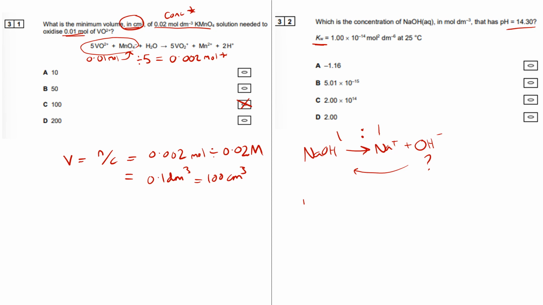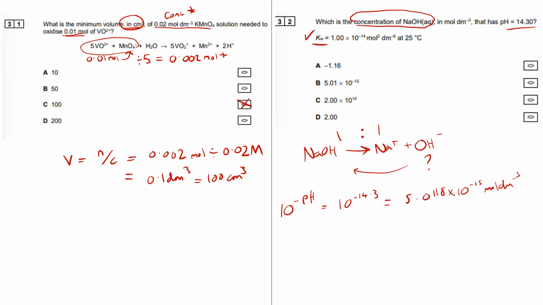So firstly, if you're given the pH, you can find the hydrogen ion concentration by doing 10 to the minus pH. So 10 to the minus 14.3 is going to give us the H+ concentration of 5.0118 times 10 to the minus 15 moles per decimetre cubed.